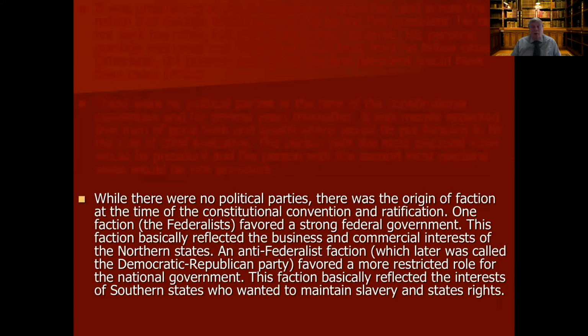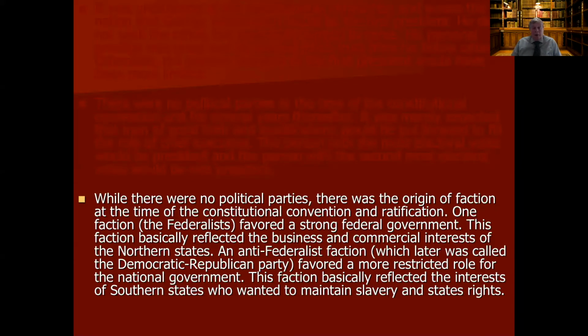While there were no political parties at the time of the first election, there was the origin of faction at the time of the Constitutional Convention and at ratification. One faction, the Federalists, favored a strong federal government. This faction consisted basically of those favoring the business and commercial interests of the northern states.